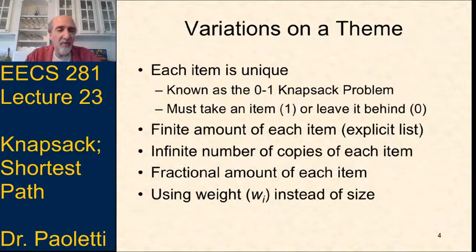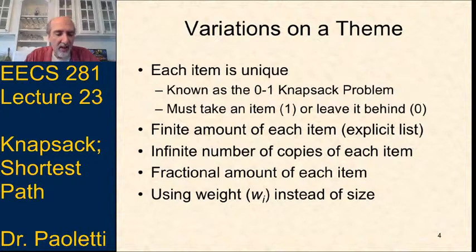Now, there's variations on this knapsack problem. So the classic problem is known as the 0-1 knapsack problem, in which case every item that we find in the safe is unique, and we must either take an item or we leave it behind. Now, another possibility is a finite number of each item.